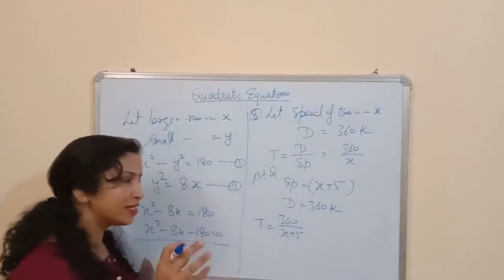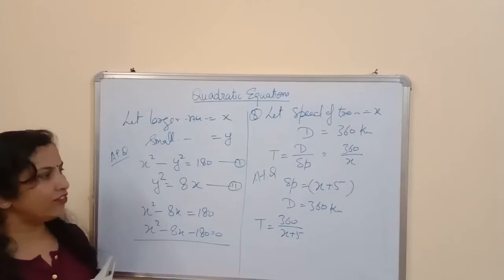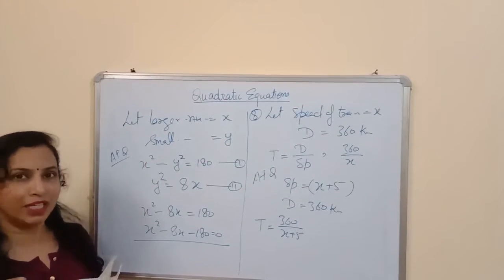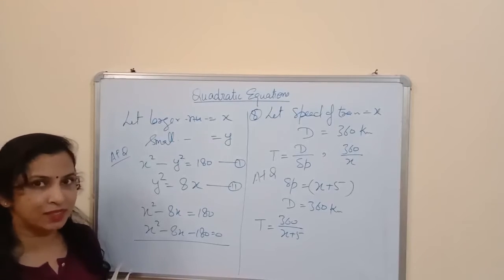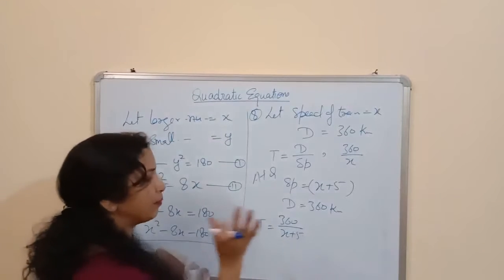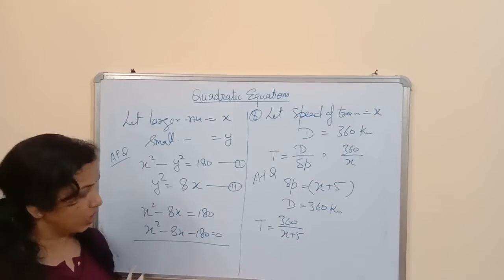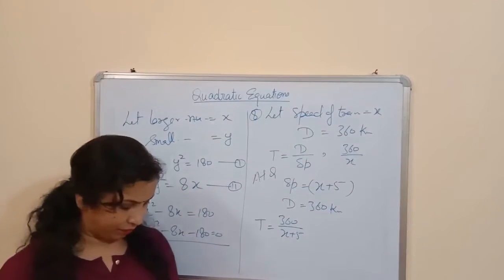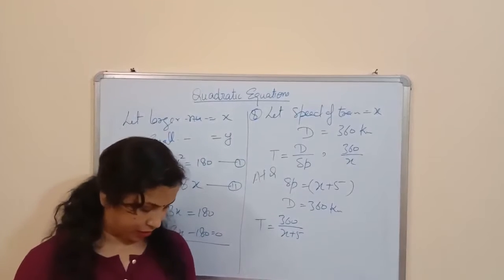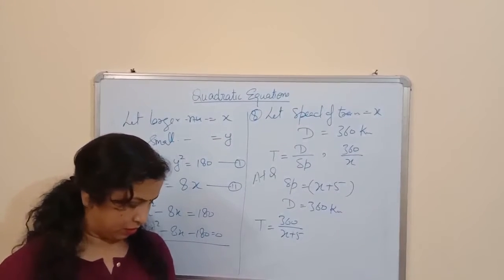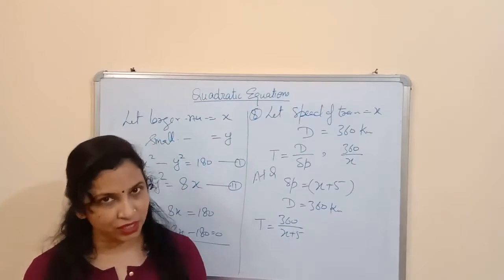After increasing the speed, we know that the time taken by the train to cover the distance will be less. So this is the time taken after increasing the speed by 5 km per hour. According to the question, it takes 1 hour less for the same journey.